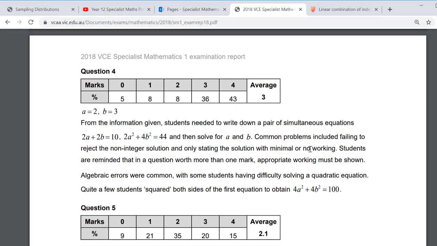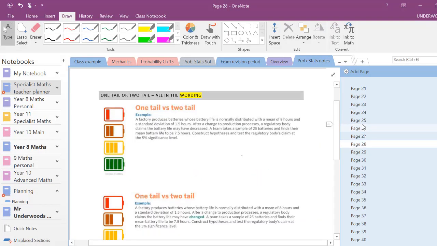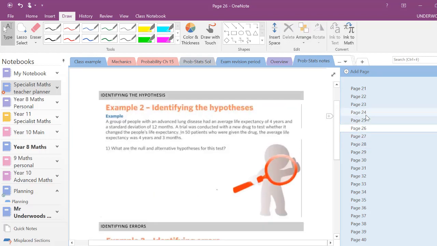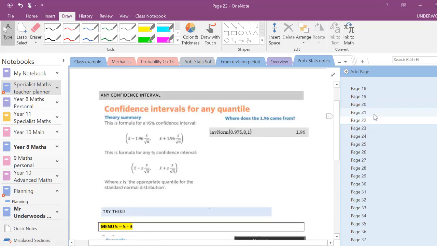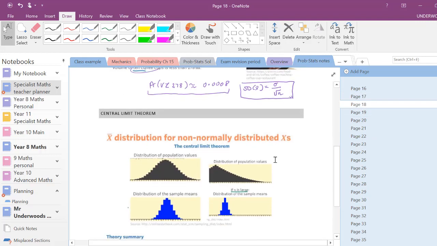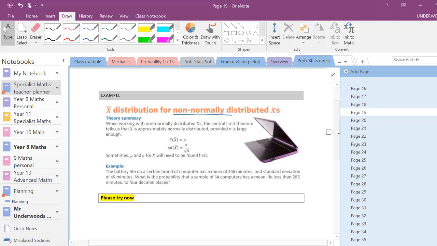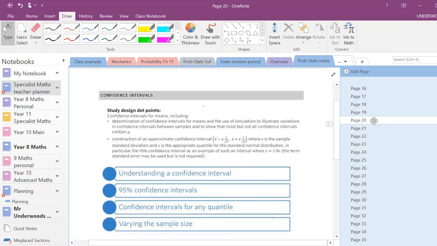All right, I'm going to stop the video there. When we continue, we're going to be going through some more challenging examples, which will finish us up. We've been through our distributions and things, so what we're going to start looking at is some of these trickier examples and confidence intervals.